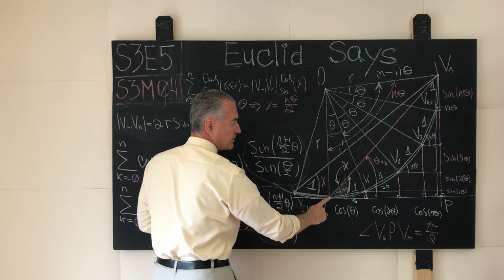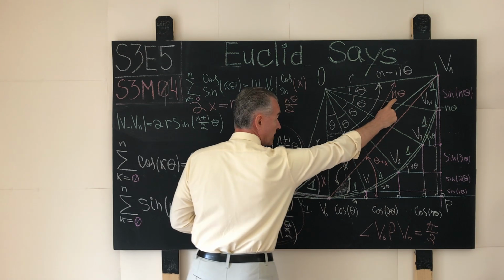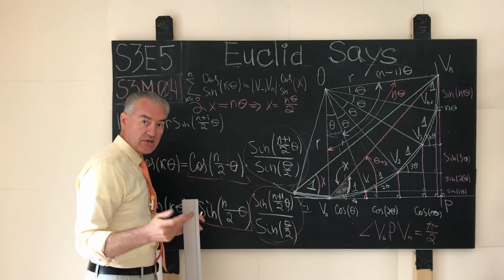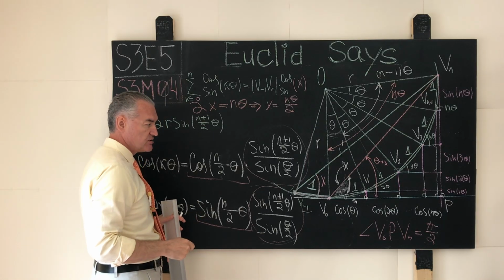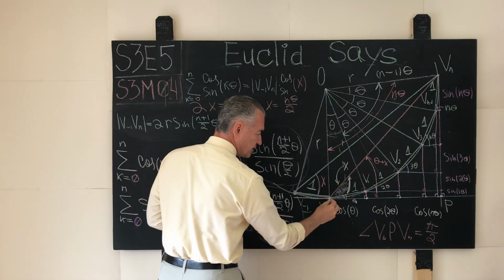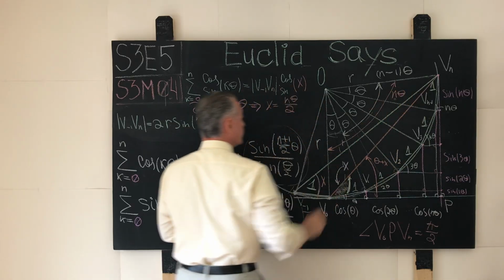And how many copies of angle theta does it carry? N, exactly. So twice the angle in the circumference, by the corresponding theorem in plane geometry, is equal to what? The corresponding central angle. So what is the central angle? V0 O Vn, and n theta.